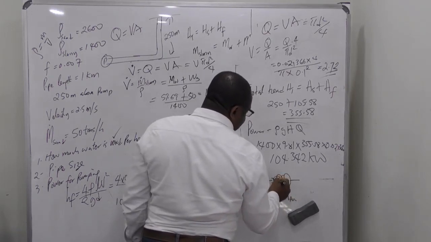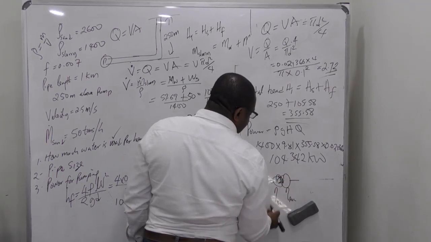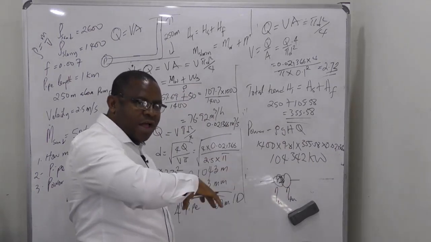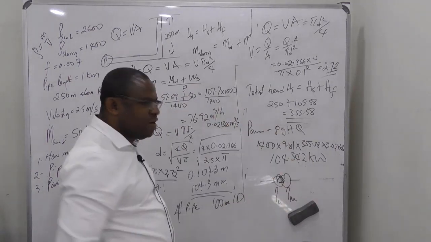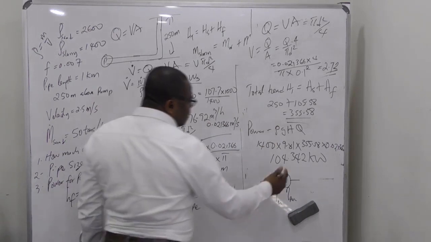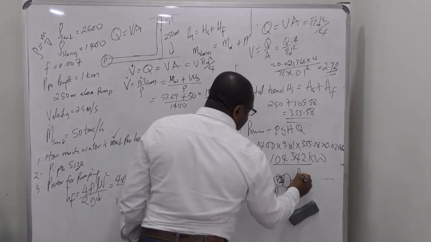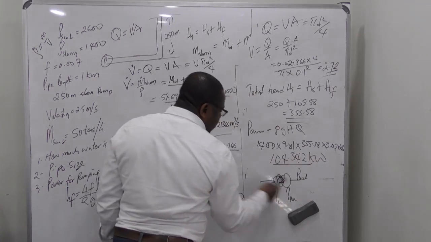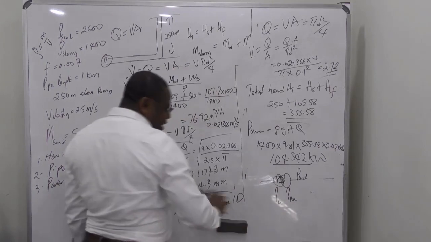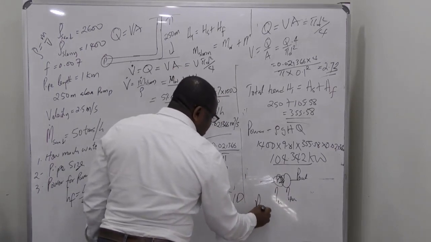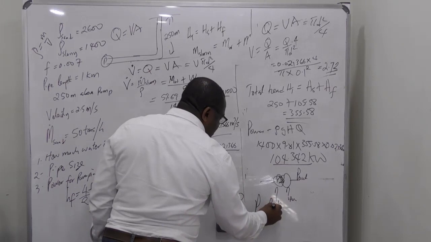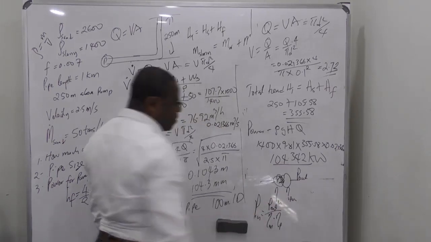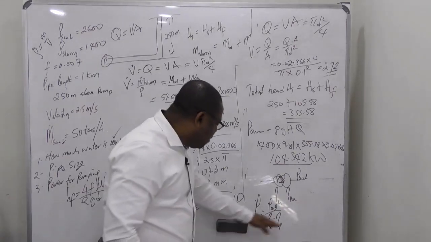I'm just saying I have a pump and a motor, an induction motor, driving the pump. The motor can have its efficiency, and the pump will have its own efficiency. So if this is the total amount of power required, P out, and you are given the efficiency of motor and pump, you can easily calculate the power in to the motor by saying P in will be P out divided by efficiency of motor multiplied by efficiency of pump. Or sometimes you might be given overall efficiency.